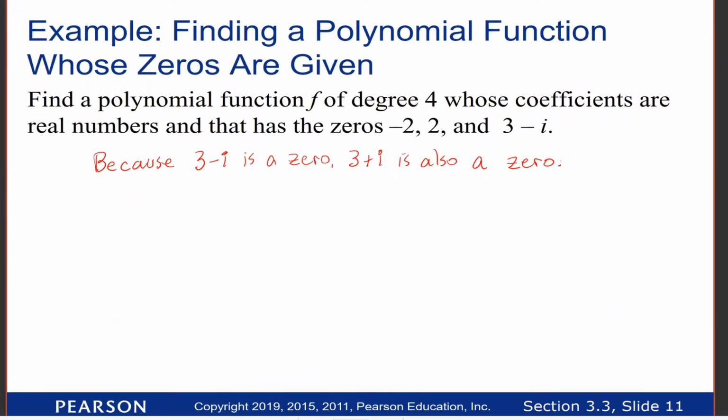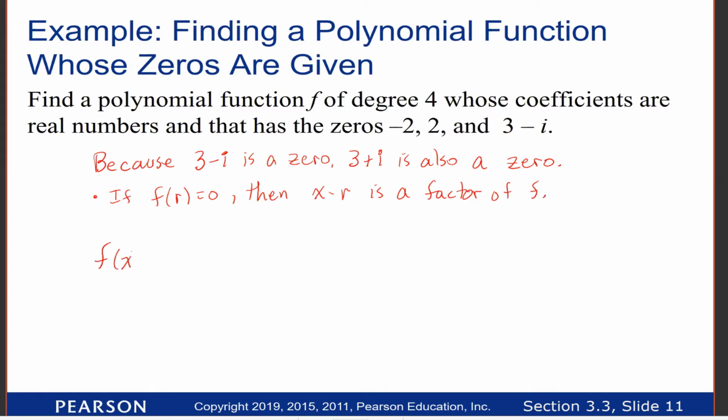So now I've identified all the zeros. Here's what's next. If f of r equals 0, then we know x minus r is a factor of f.